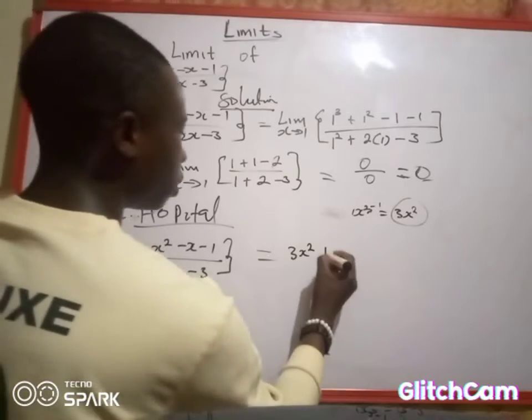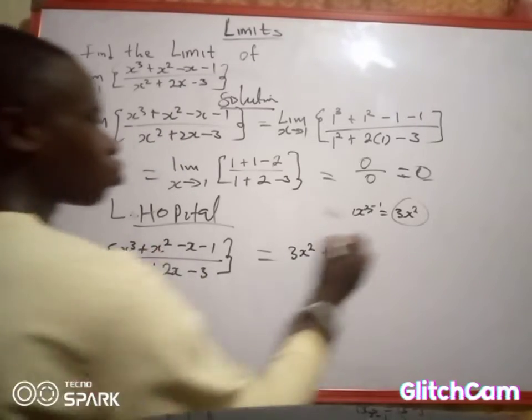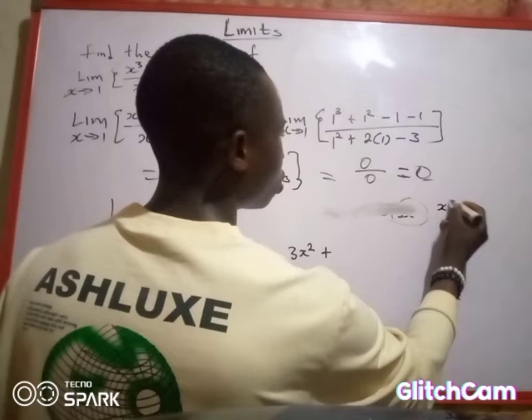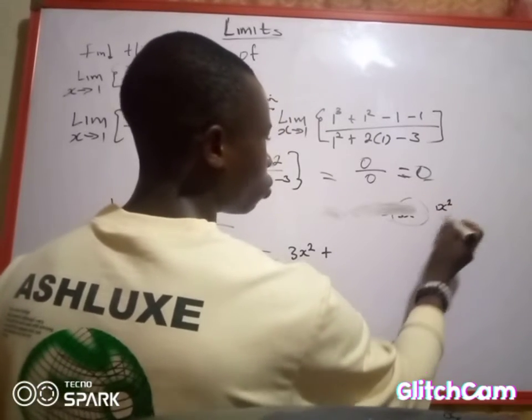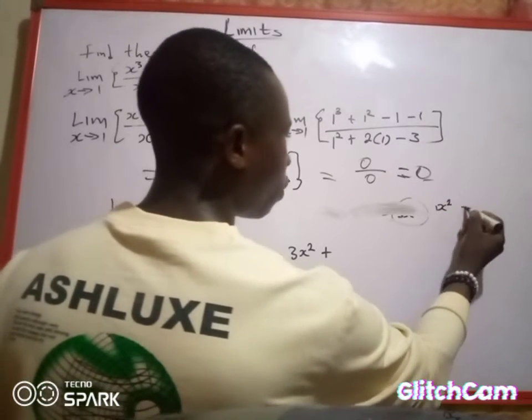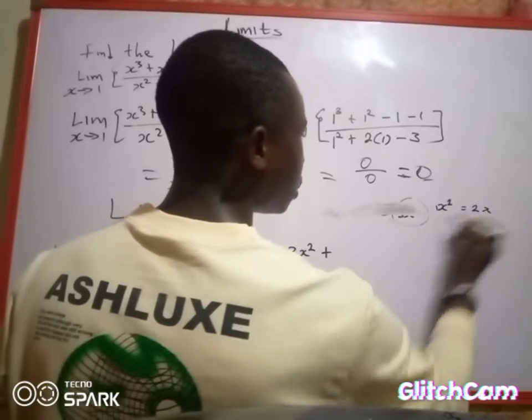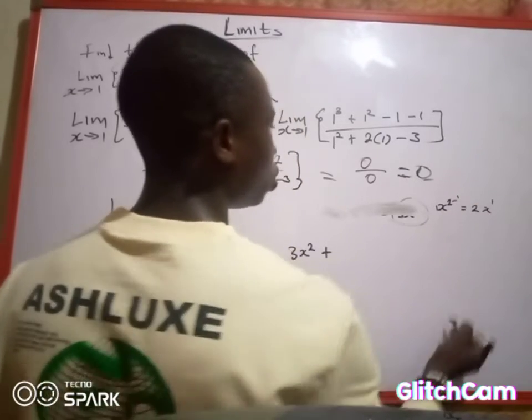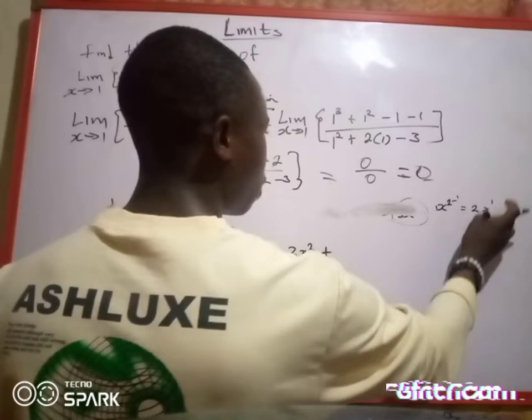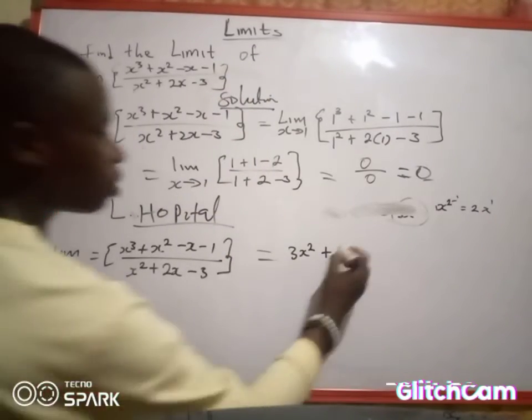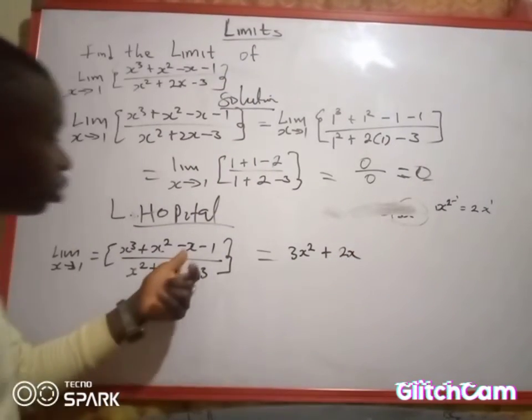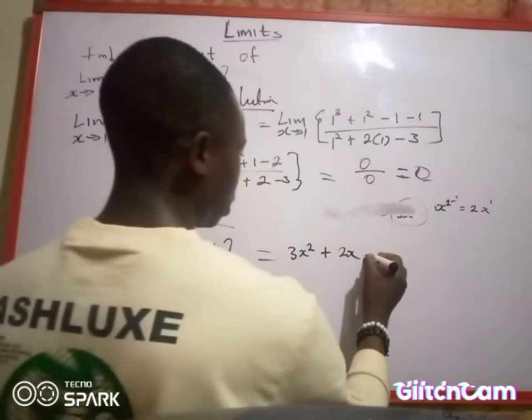Then plus, if you differentiate 2s squared, we bring down the power 2, multiply by the coefficient, you have 2, then take away 1 from the power, which is 1, so we are going to have 2s.